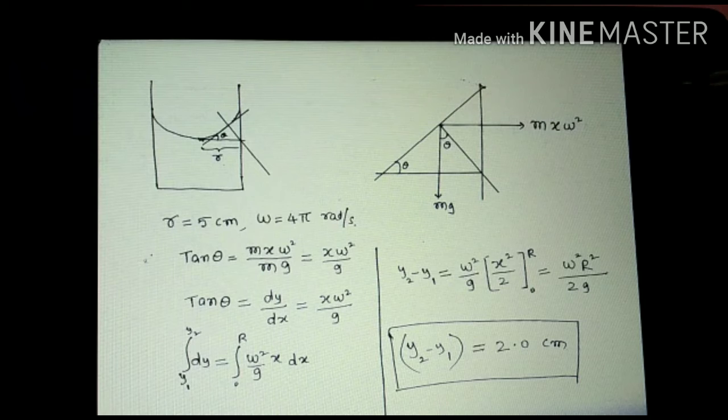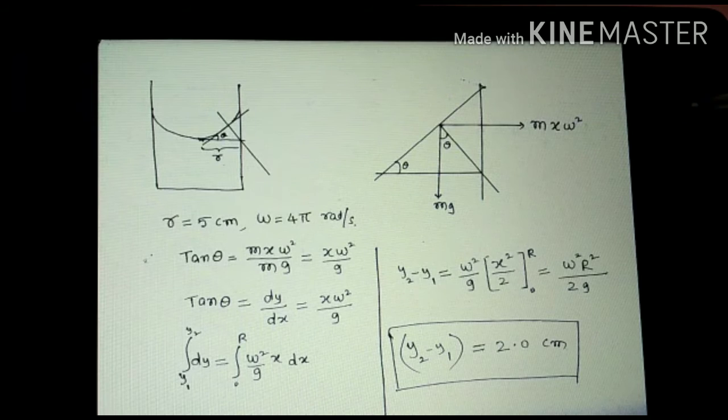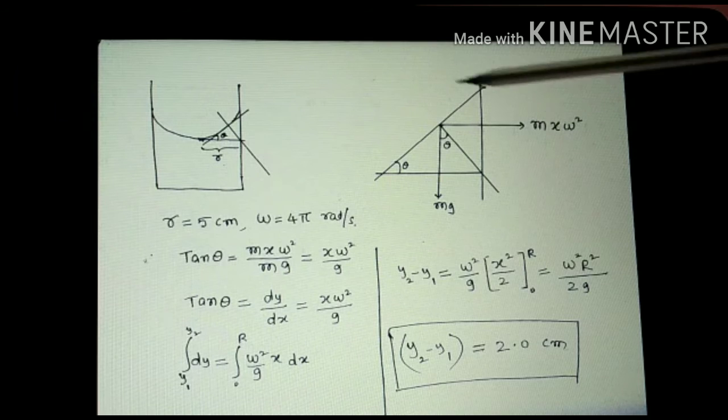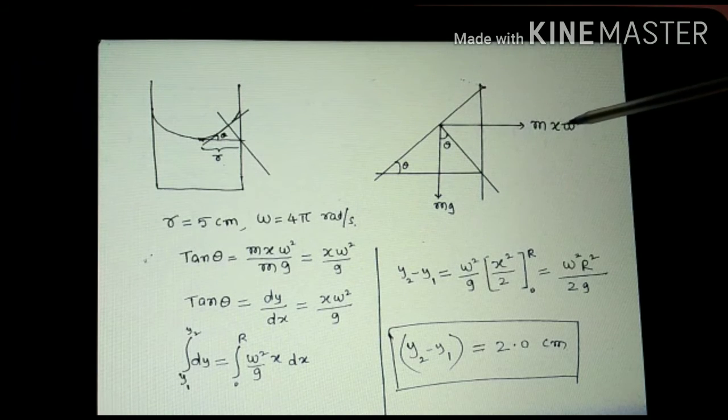So exactly on the right side, the fictitious force acting on the water, that is centrifugal force. On the right side, m x omega square. Why x have I taken? It is at a distance of x from the center. That is horizontal distance only. x I am taking. m x omega square.